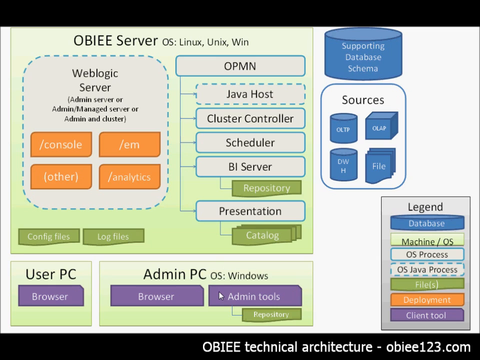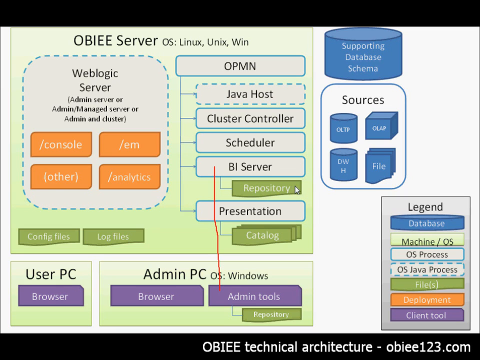A third common scenario, which is more common for a content developer and a repository metadata developer, is that the developer fires up his Windows-based administration tool and connects directly to the BI server in order to do maintenance on the repository.